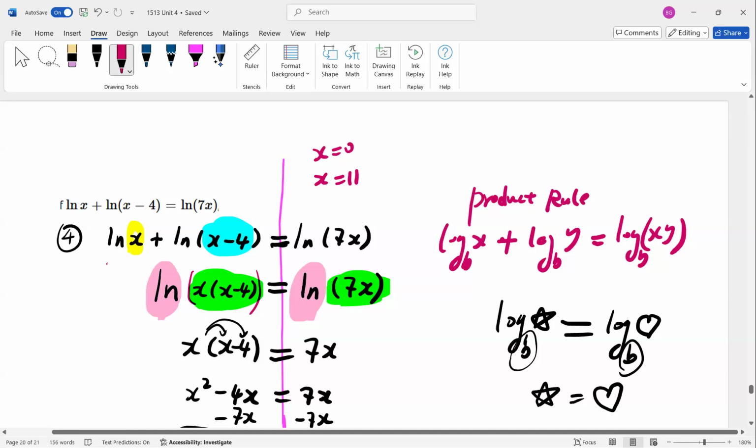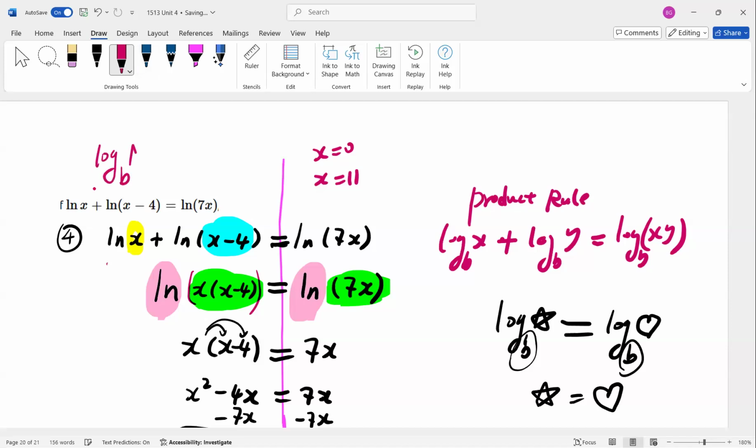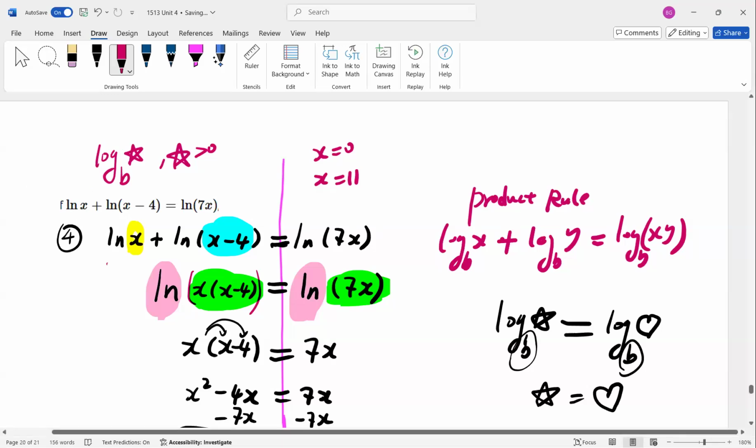That is a difficult question. For a log with base b star, the argument has to be positive. Remember, very, very important: the argument has to be positive. Then no, 0 cannot be a solution. Perfect. Thank you. Appreciate that. You answered it right.